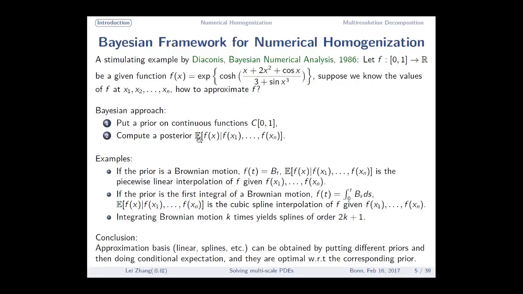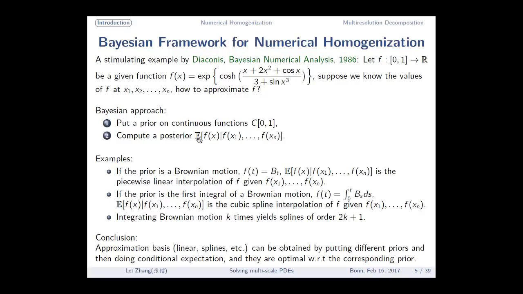Okay, because this is Brownian motion, it's independent. So we can just consider the case where x is between xi and xi plus 1. Okay, so this is just because it's Brownian motion, so this is just equal to the expectation given fi and fi plus 1. Okay, so this conditional expectation is just this.